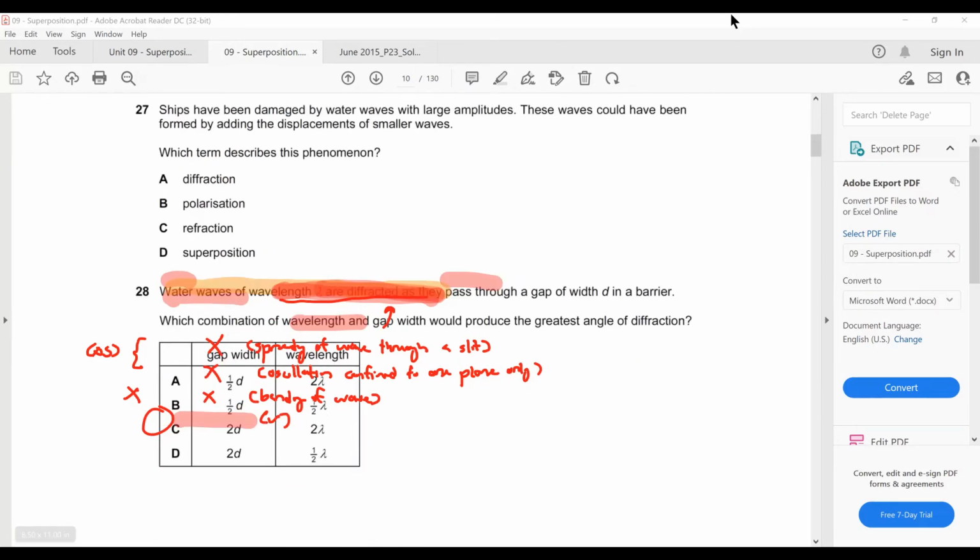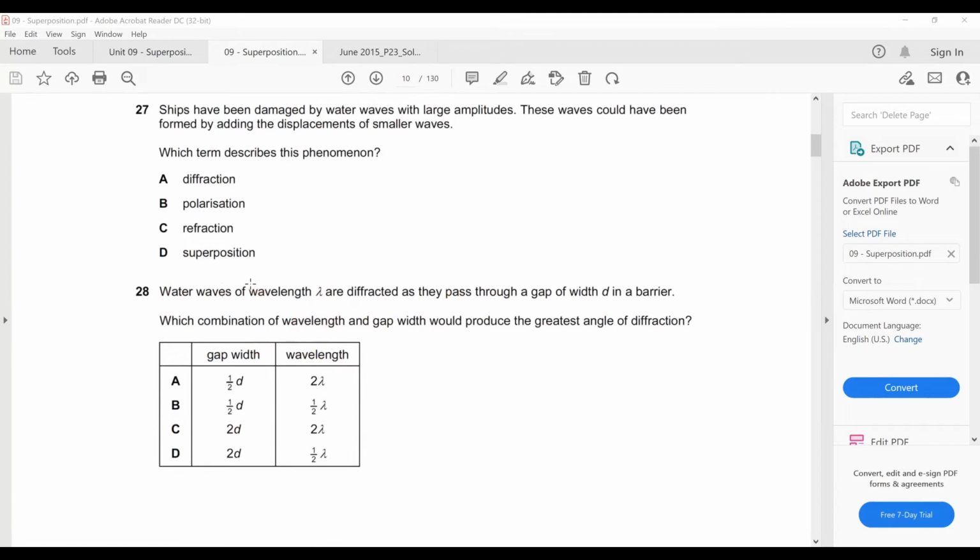Okay, then this one is clear. I believe question 28, we've also kind of done before, but I'll just go through this briefly for you. Water waves of wavelength lambda are diffracted as they pass through a gap of width d in a barrier. Which combination of wavelength and gap width will produce the greatest angle of diffraction? Greatest angle of diffraction, you can just think of it as producing greatest diffraction.